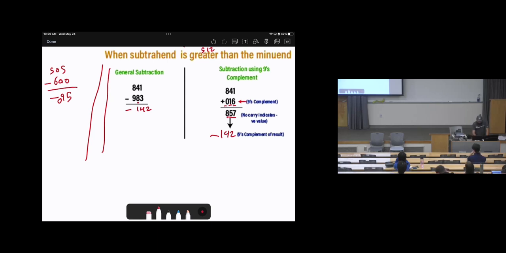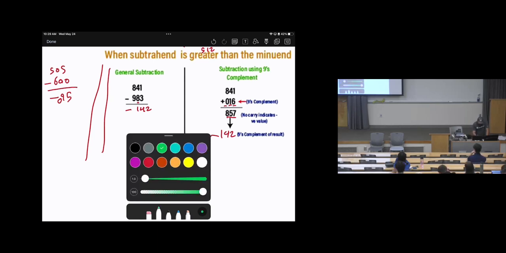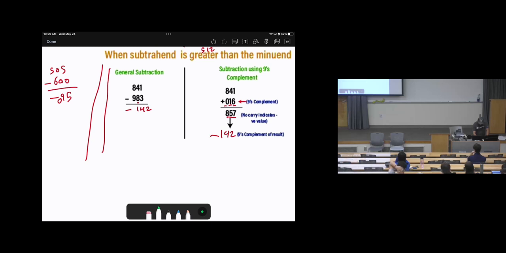Now, how can we find this using the complements? Using the complements, it will be here. 505. 9 minus 6, 3. 9 minus 0, 9. 9 minus 0, 9. So it will be like this. So 505 plus 399.